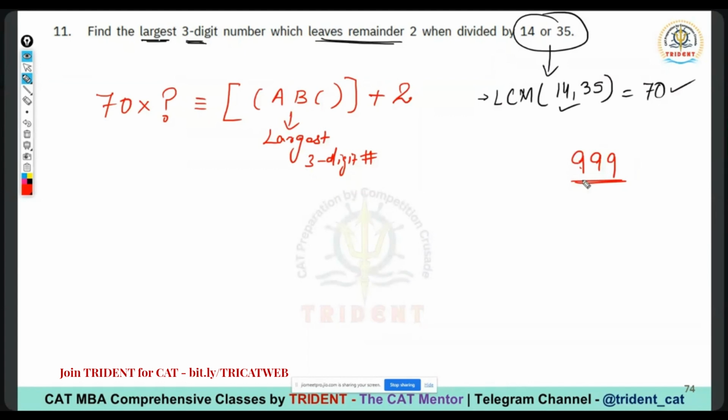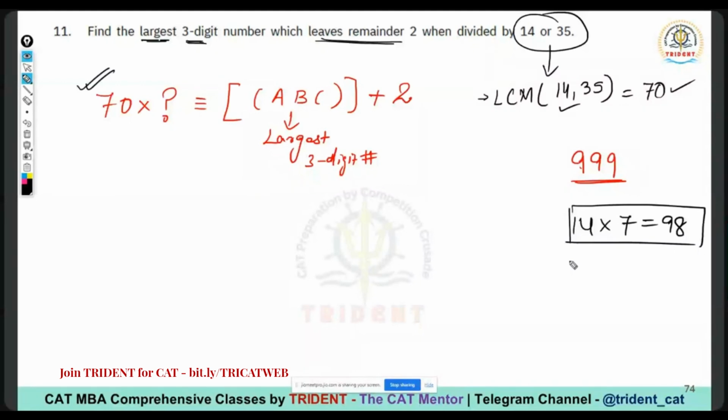Varun, I'll help you a little bit. Ideally, you should have given me the tables, but I know that 14 sevens are 98. Why am I doing 14 sevens? Because I want something in the 70s into something that gives a three-digit number, and 7 into 14 is 98. 15 sevens is 105, so 70 into 15 is 1050, more than three digits.